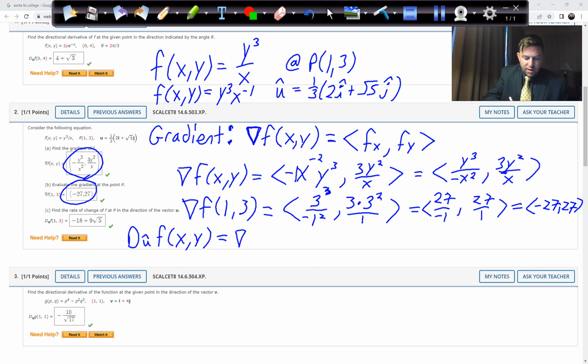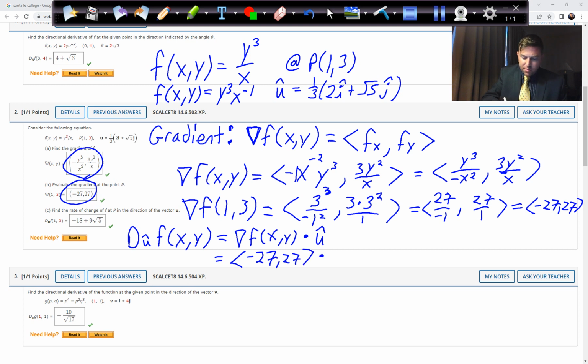That equals the gradient of f at x comma y, which is a vector, dotted with the u vector. So basically we just have to dot our two answers together. So we know this was minus 27, 27.